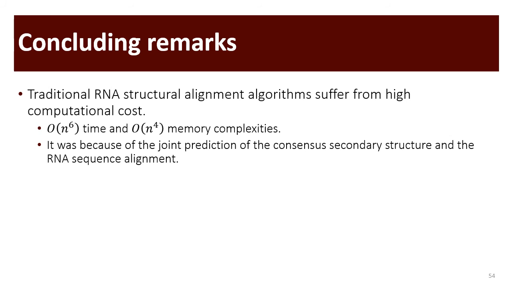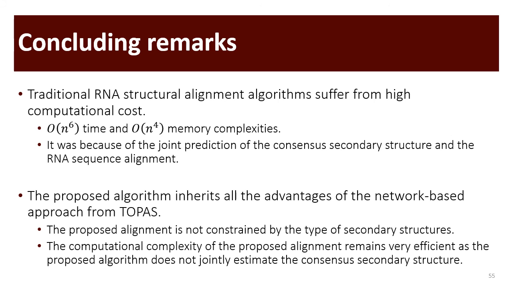These are concluding remarks. Traditional RNA structural alignment algorithms have suffered from high computational cost due to the joint estimation. The proposed alignment algorithm inherits all the advantages of the network-based approach from Topaz. First, the proposed algorithm is not constrained by the types of secondary structures.